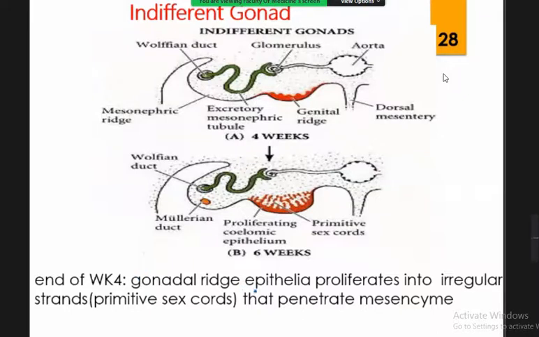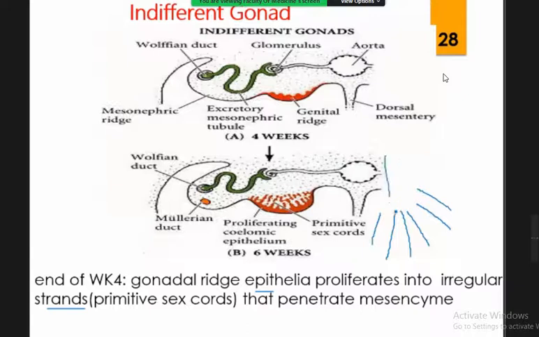All that we see within this gonad is proliferation of these strands, of the irregular strands, what we call the primitive sex cords. So the wall of these forming gonads tends to proliferate to invade the underlying mesenchyme or mesoderm. And in that way, they form these sex cords. They are actually strands. And sometimes they are referred to as medullary cords.